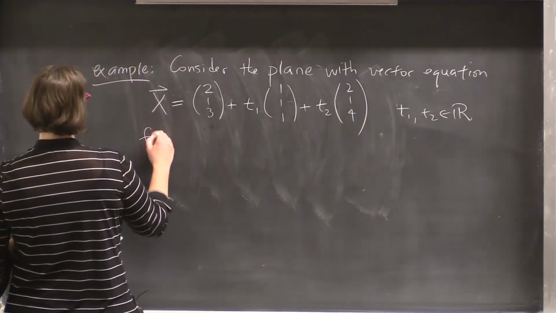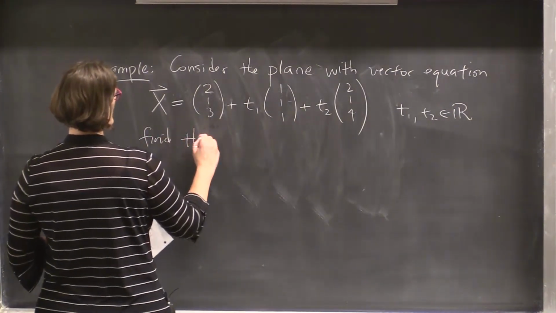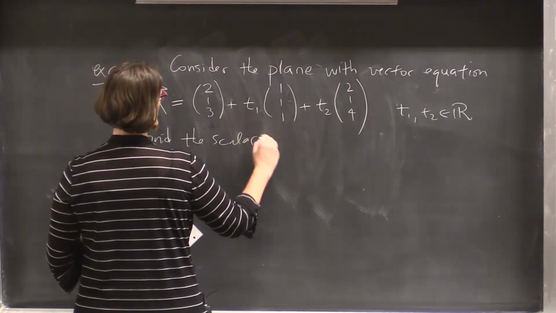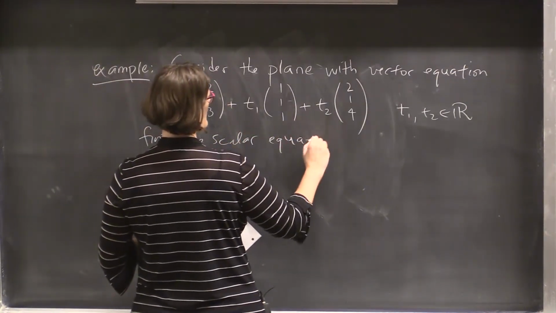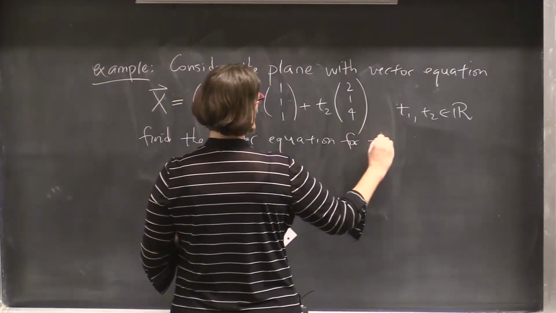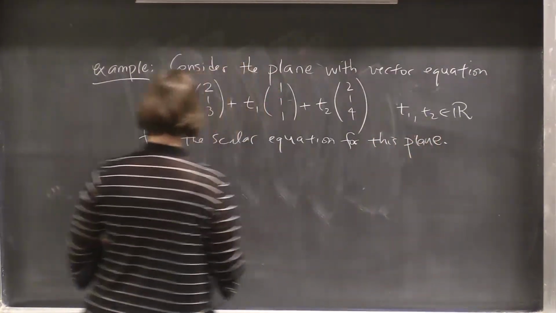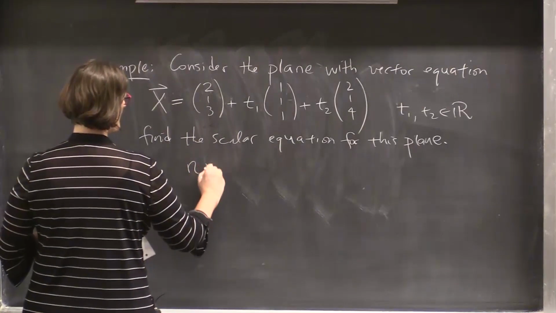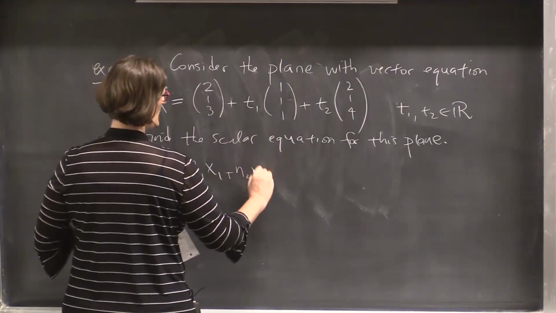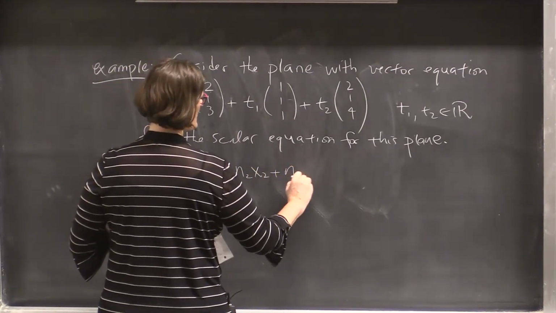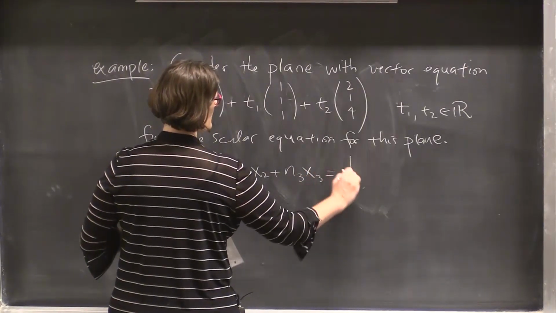And you're asked to find the scalar equation for this plane. So that means they're asking you for n1 x1 plus n2 x2 plus n3 x3 equals d.